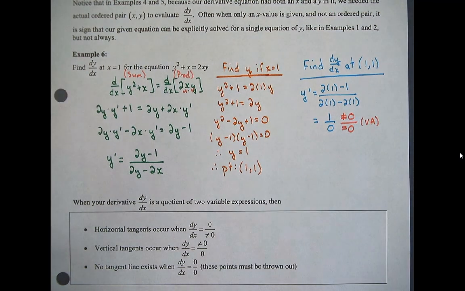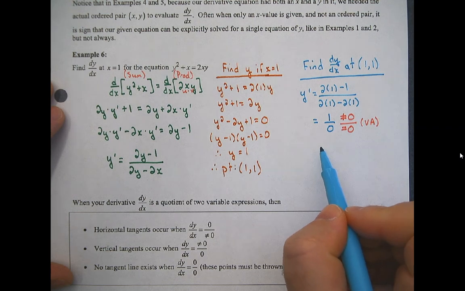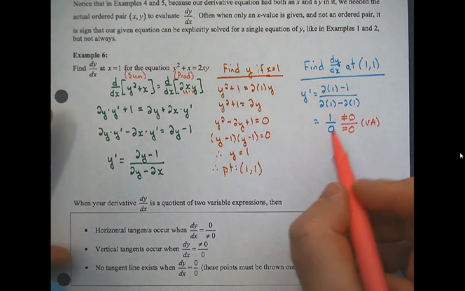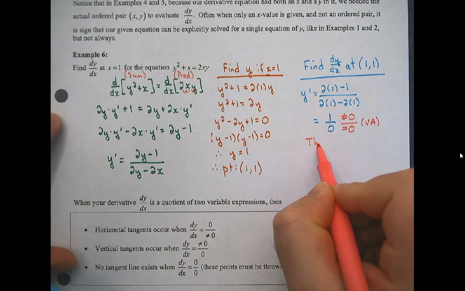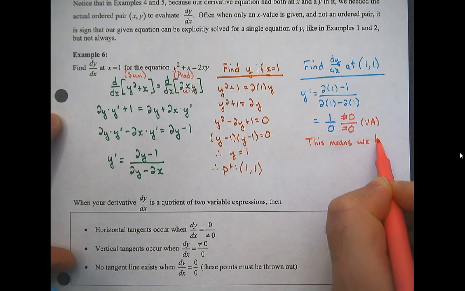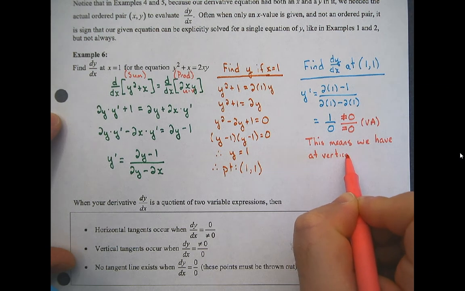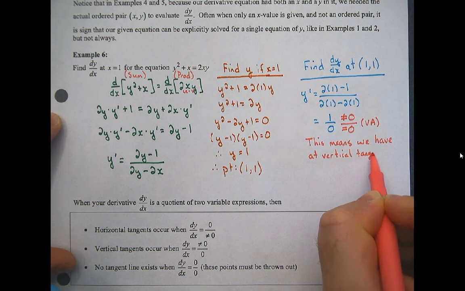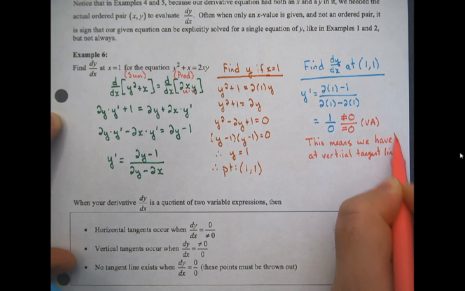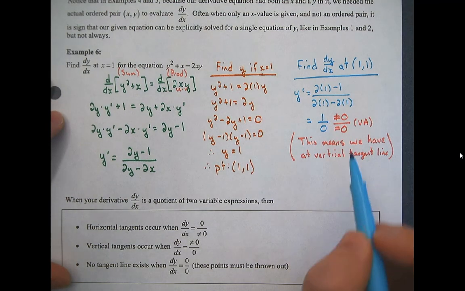And if you have a VA, this means we have a vertical tangent line. If you have a VA, that creates a vertical asymptote type thing, which means our tangent line there would be vertical. So our slope is infinity, essentially.